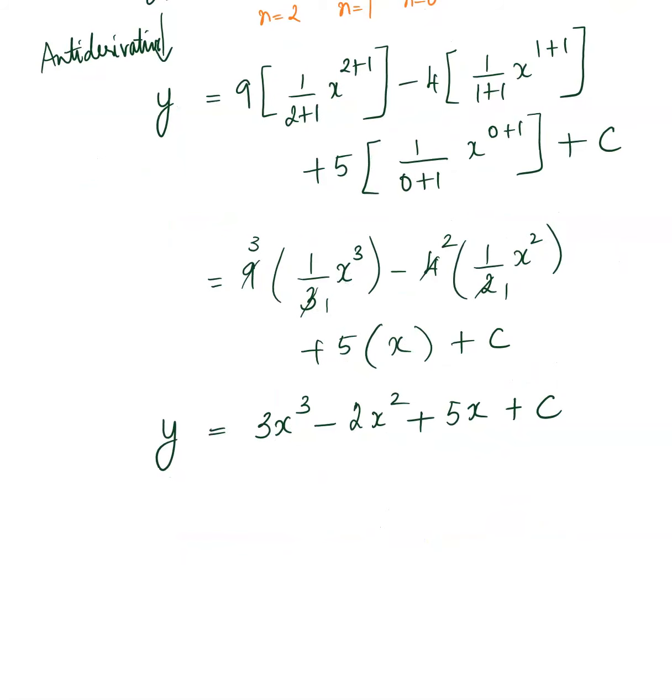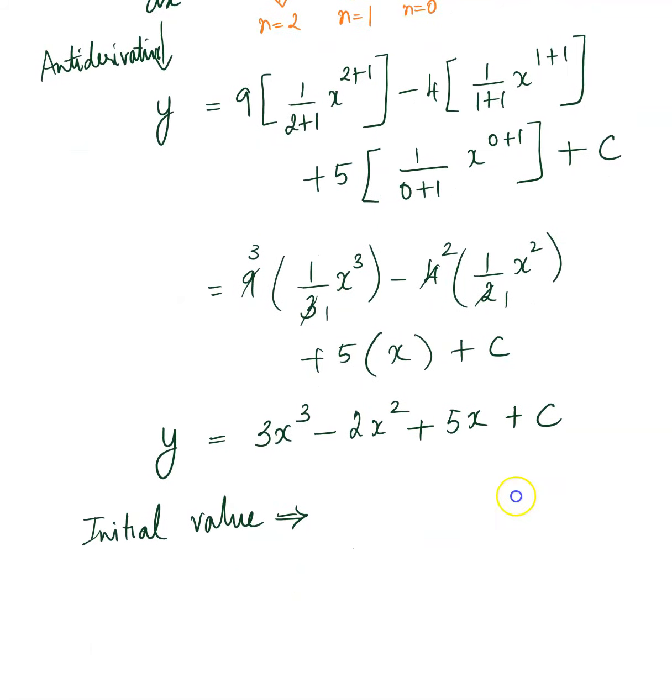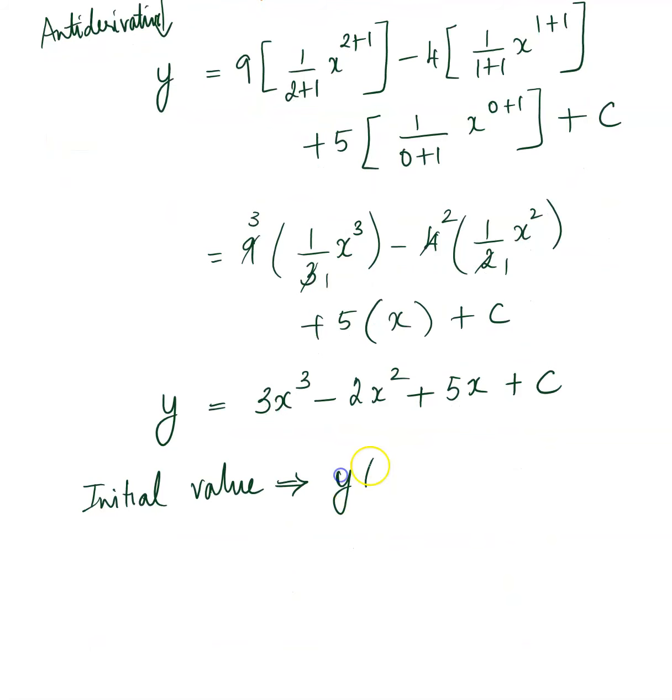Alright, now we have our initial condition, our initial value, which was y of negative 1 equals 0. So always identify your x and your y.